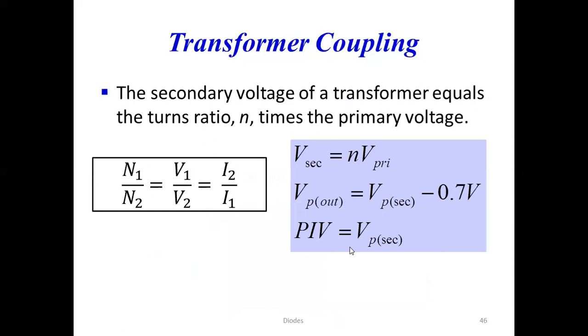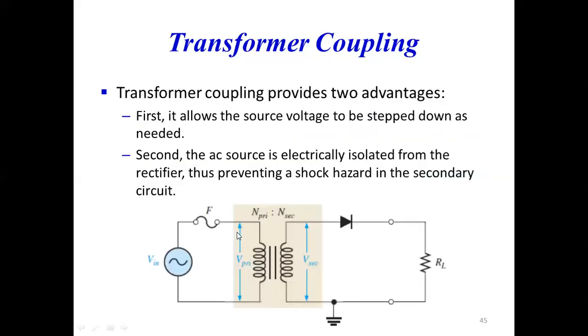Now, transformer coupling, how it couples. So student, you must have studied this particular formula. N1 upon N2 is equal to V1 upon V2 is equal to I2 upon I1. What is N1, N2? N1, N2 means number of turns at primary and number of turns at secondary. V1 is the primary voltage, V2 the secondary voltage.